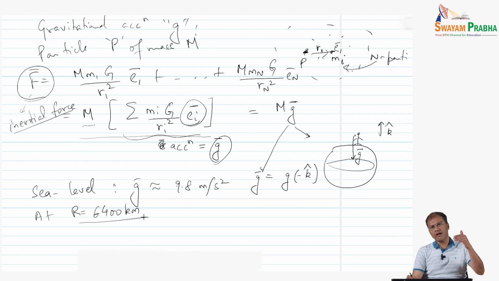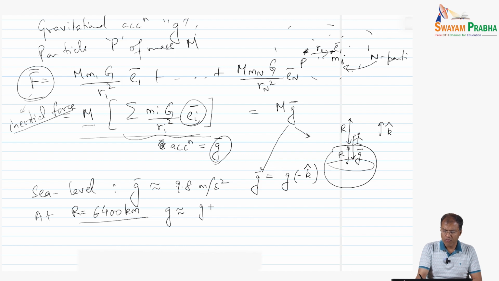So if you are at double the radius of the earth from the center of the earth, which means that here you are at a distance r and you are again at a distance r. So this is 2r. Right, so at r from the surface of the earth, g comes out to be roughly 1/4 of the g at the surface, right?